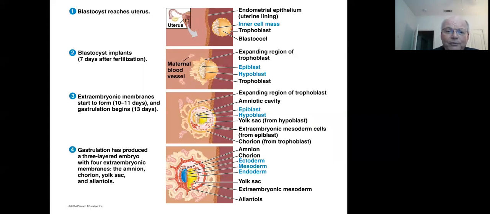Some of them start the formation of the ectoderm that will form the outer layer of the embryo.